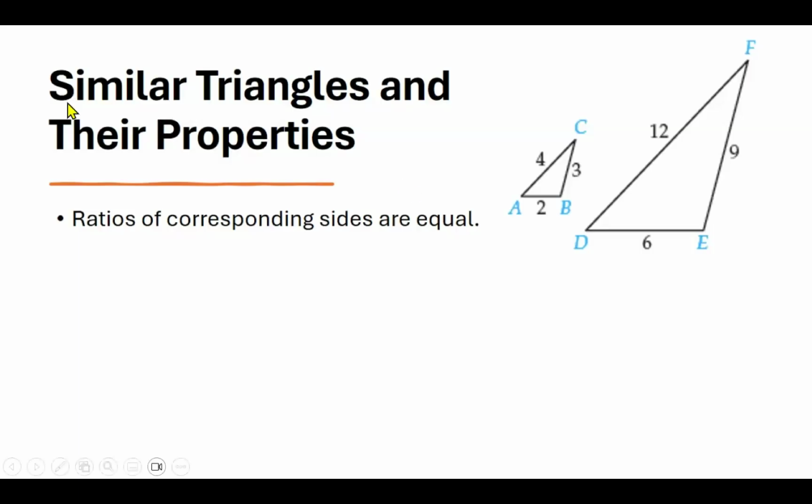The first one is that the ratio of corresponding sides are equal. For example, here we see the triangle ABC, and then we have the triangle DEF, the larger one. The word ratio usually means fraction.